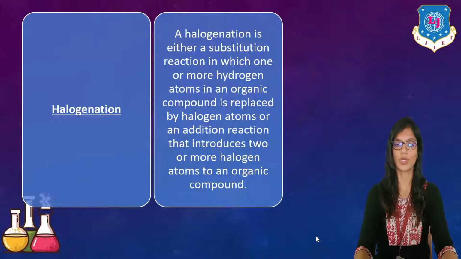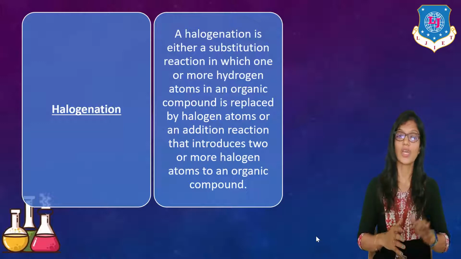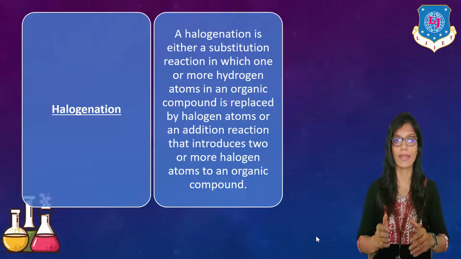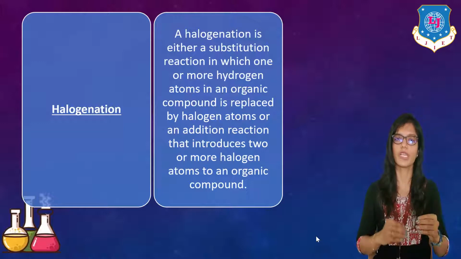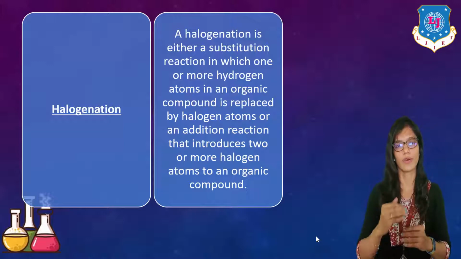So it's basically a substitution reaction in which hydrogen is removed while halogen is added to the particular group. It's basically a kind of nucleophilic substitution reaction in which we add a nucleophile to our compound.